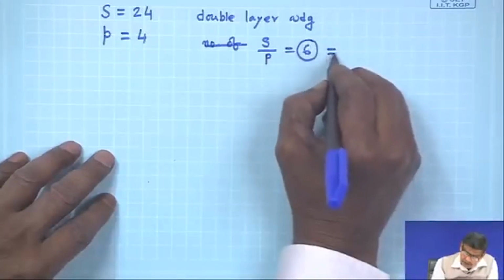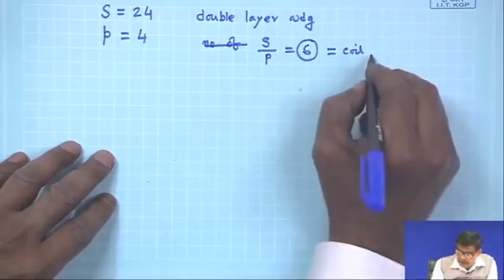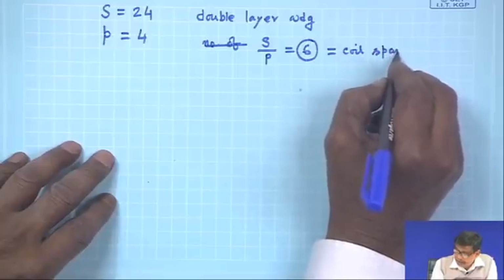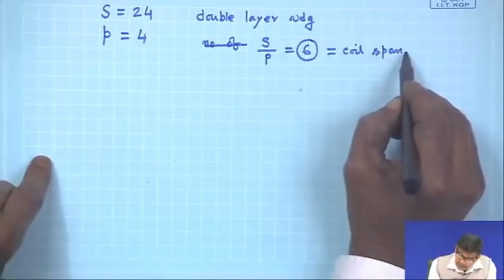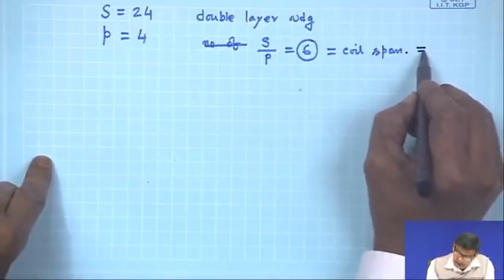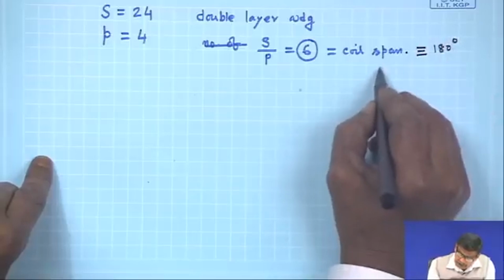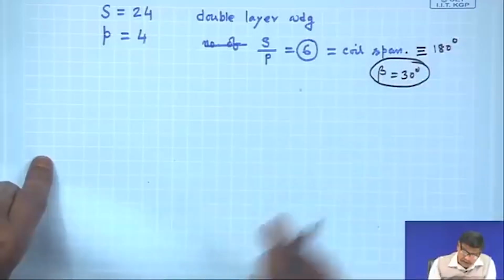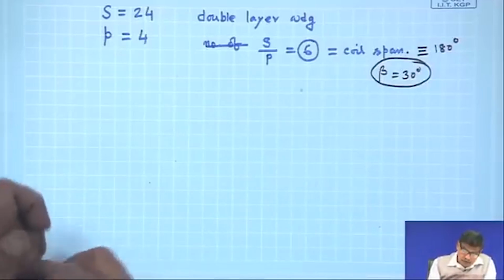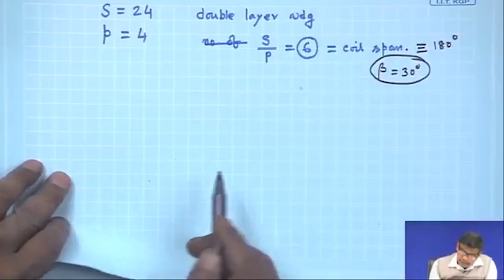This is also equal to the coil span in terms of slot numbers. Is that clear? That is equivalent to 180 degree electrical. Therefore, in this case also beta is equal to 30 degree. We note it down. So, this is the slots per pole and that is the coil span.